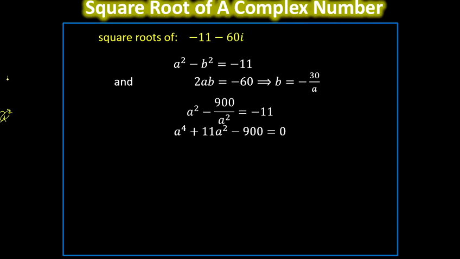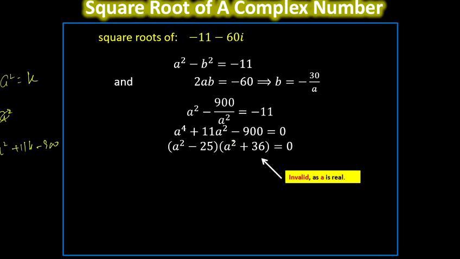If I take a square as suppose k, can I write here k square plus 11k minus 900 and factorize it or use the quadratic formula? The factors are k minus 25 and k plus 36. And k is replaced by a square, so a square minus 25, a square plus 36.